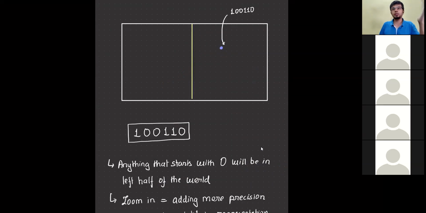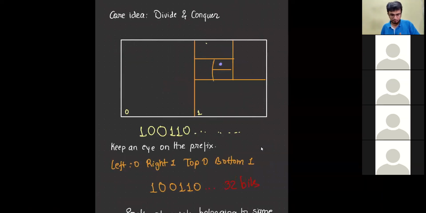If it was on the left side, it was 0. If it was on the right side, it was 1. If it was on the top, then 0, bottom 1. So when I'm doing this, we worked it out before and found it is 1 0 0 1 1 0. It is basically pinpointing this entire location.